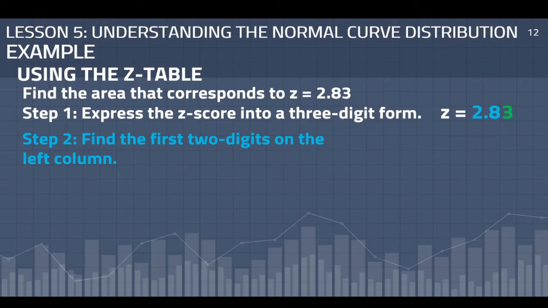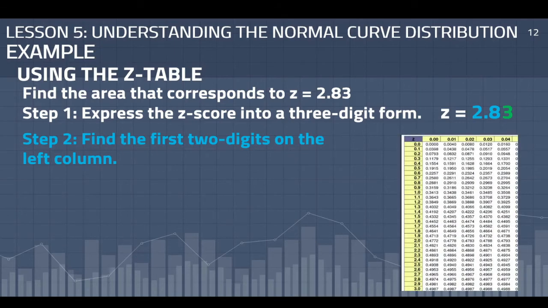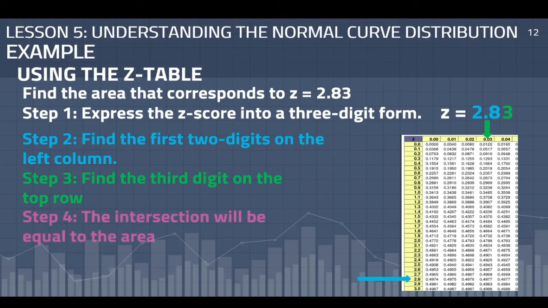So using the z table again, hanapin natin yung 2.8. Nasaan yung 2.8? Ayun, yung 2.8. Next, find the third digit on the top row. So ano yung third digit natin? Number 3. So nasan yung number 3? Ayun, yung 0.03.